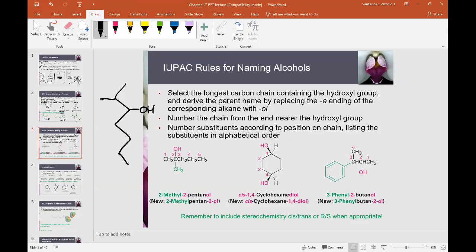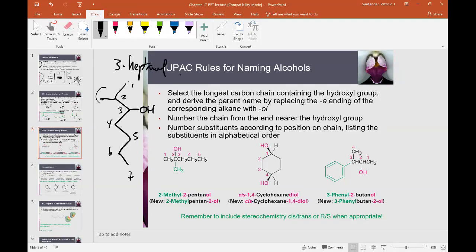We have 1, 2, 3, 4, 5, 6, 7. So that will be a heptanol, right? Heptanol. And I need to indicate the position where the OH is. So that will be 3-heptanol.